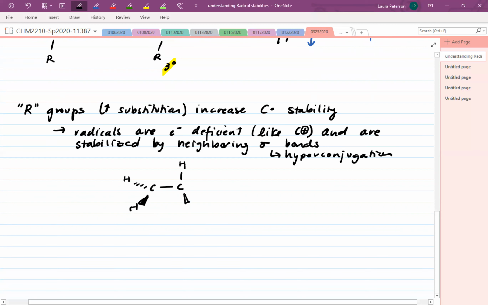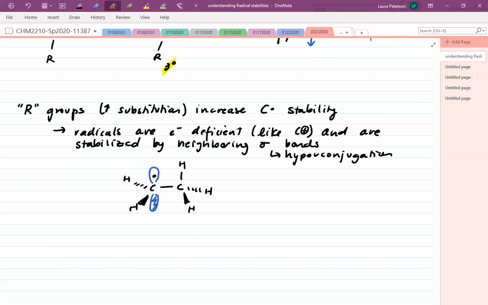The left-hand carbon, I'm going to place the radical, and the right-hand carbon is a methyl group. So I'm basically drawing a primary radical here. We have our p orbital, and we'll just indicate the radical is there, but remember that that electron density is spread out over both lobes of the p orbital.